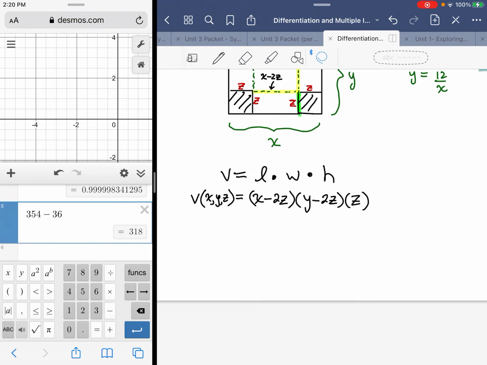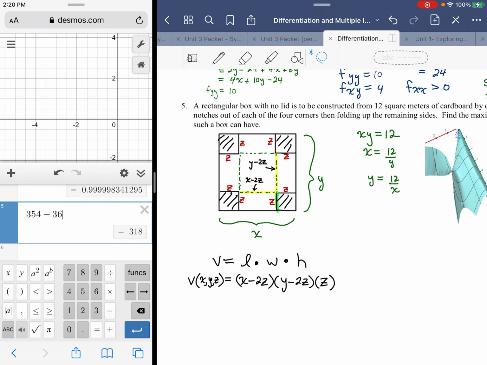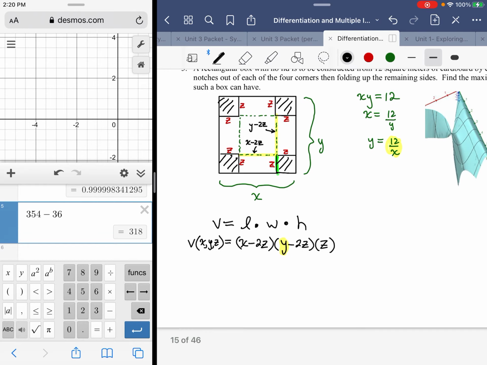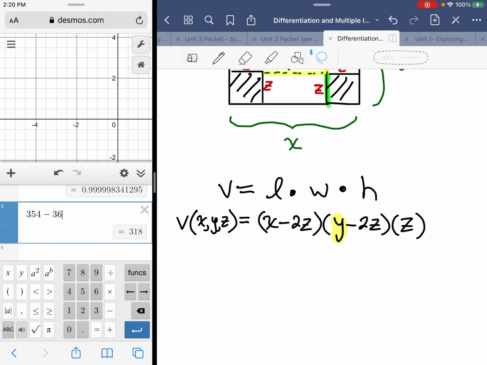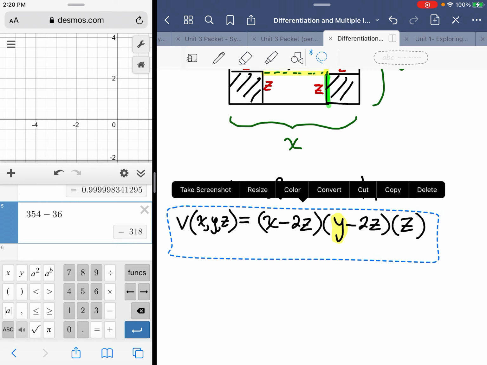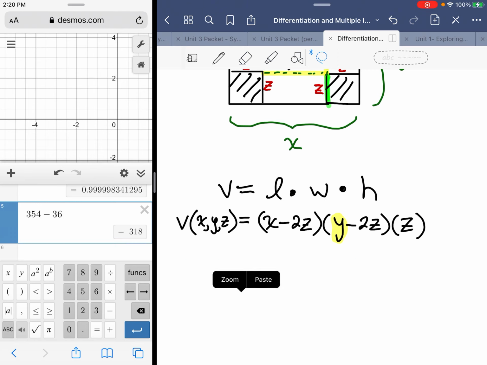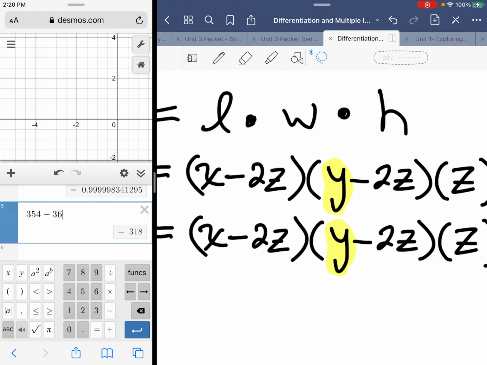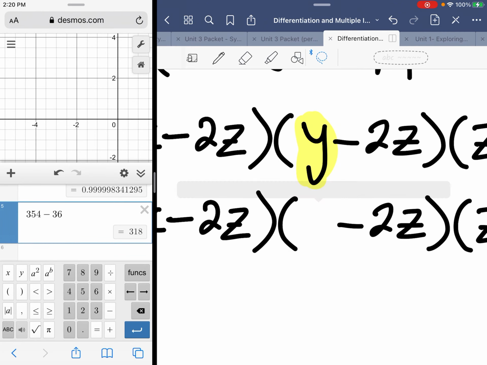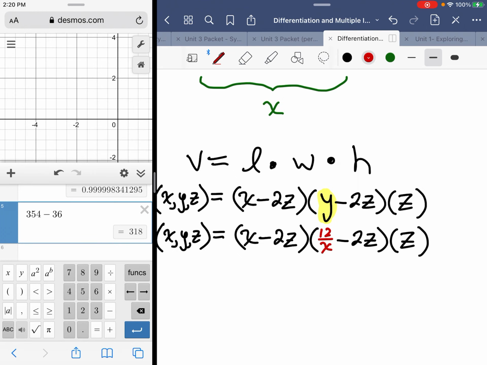All right, so make a little note there. It's just decide which one do you like. I think I like x. So I'm going to replace the y with an expression involving x. All right, so copy paste. 12 over x goes in for the y.